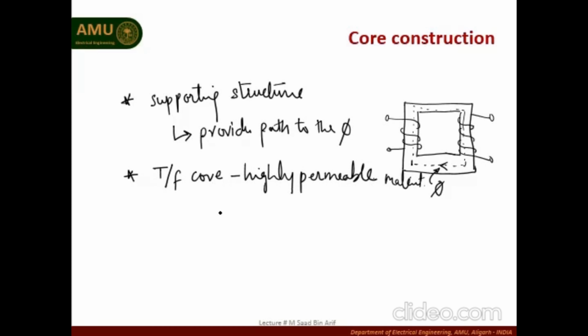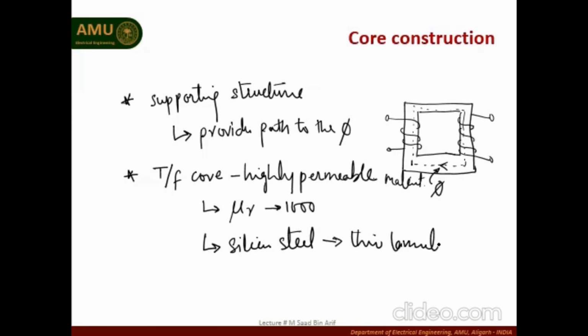If we talk about the relative permeability, you will observe that a relative permeability, mu r, over 1000 is already achieved by present day materials, and the material generally used for the iron core of a transformer is silicon steel in the form of thin laminations. Silicon steel in the form of thin laminations is basically used as the core material.